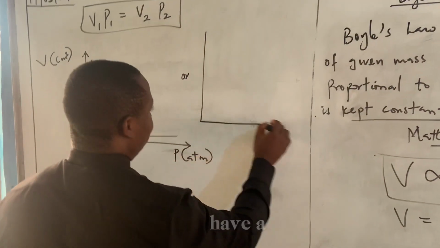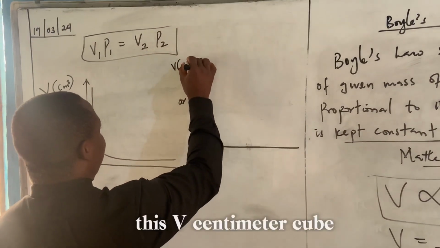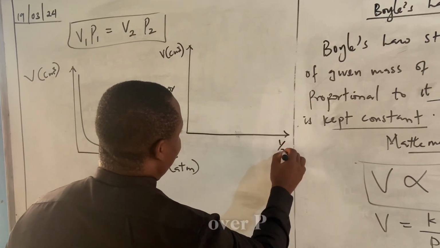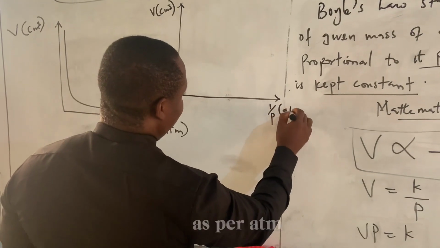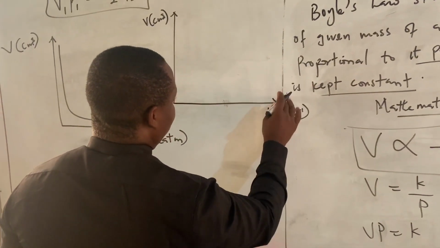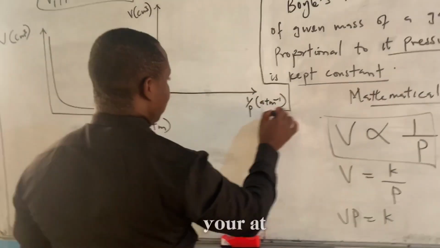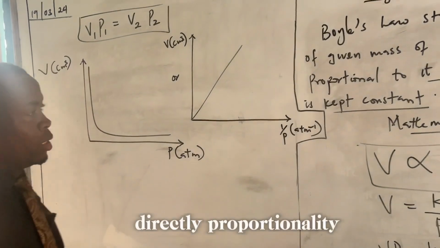Alternatively, we may have a graph that looks like this: V in centimeter cube, and then 1 over P, with the unit as per ATM, and then we have the directly proportional sign.